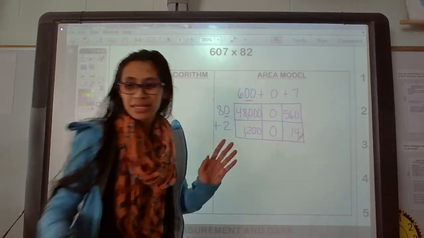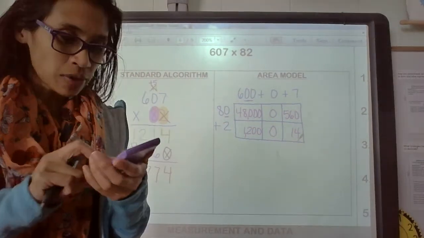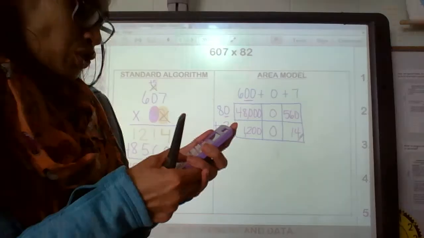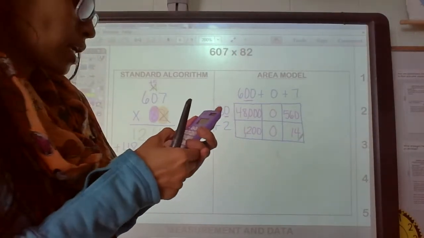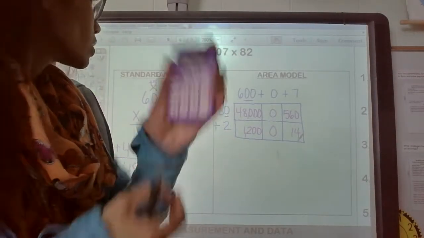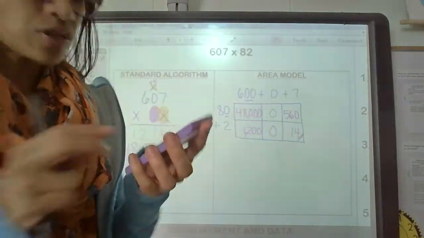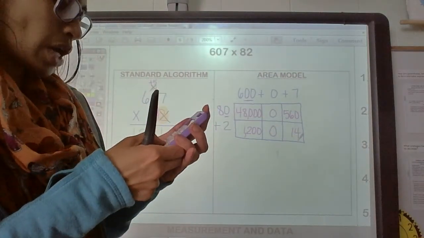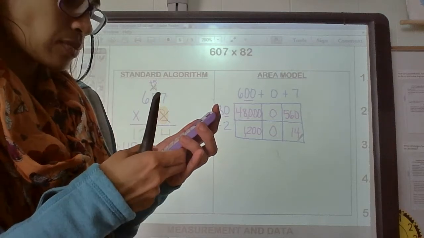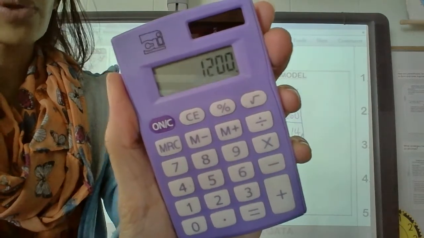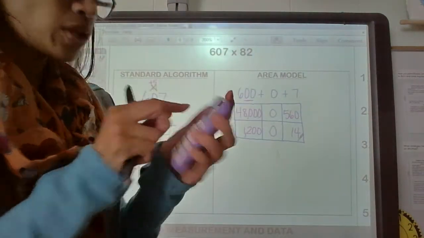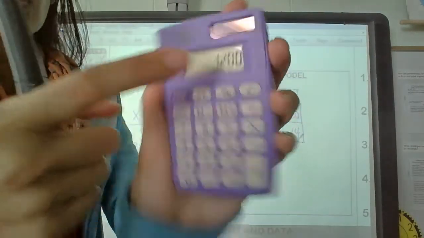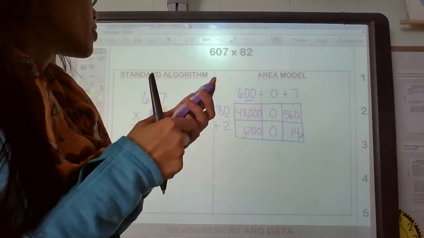All right. Let's use the calculator to double check our work. Let's do 600 times 80. All right, is that right? 48,000, yes. 600 times 2. Oh, we have that one right. 1,200. Oh, it's so weird. Look, the comma is on the top. 0 times 80.